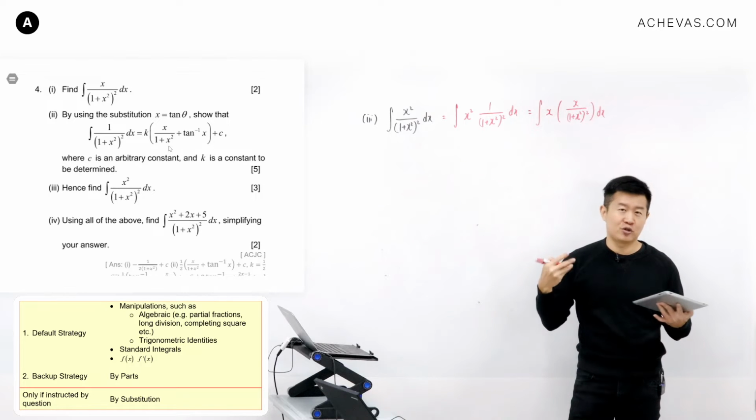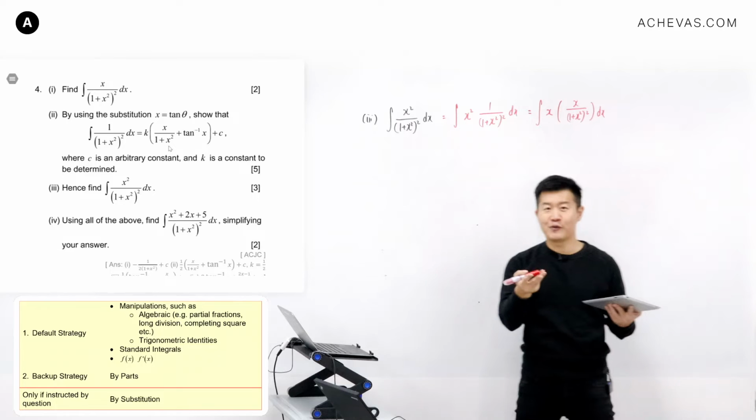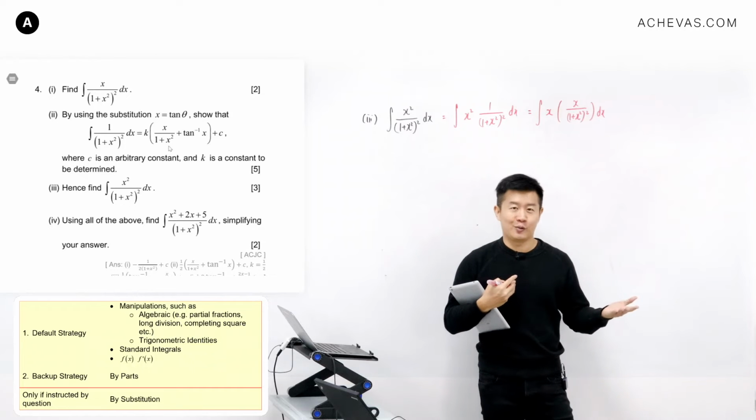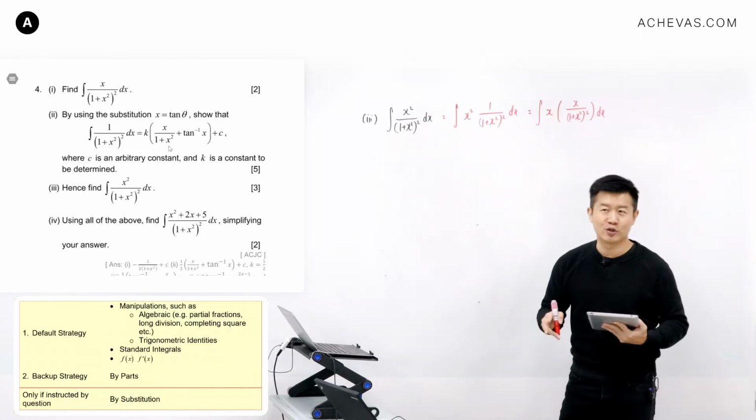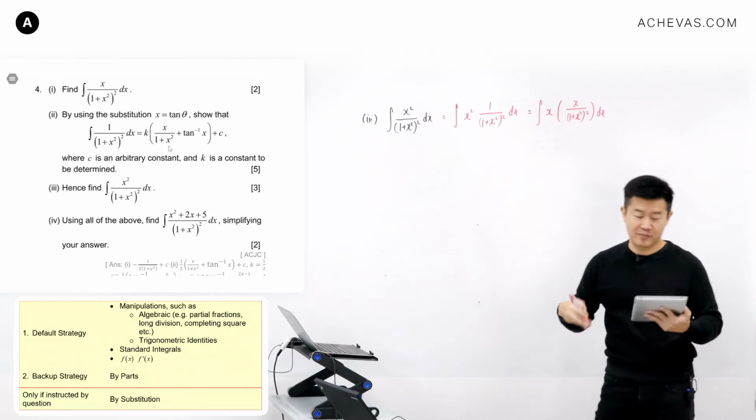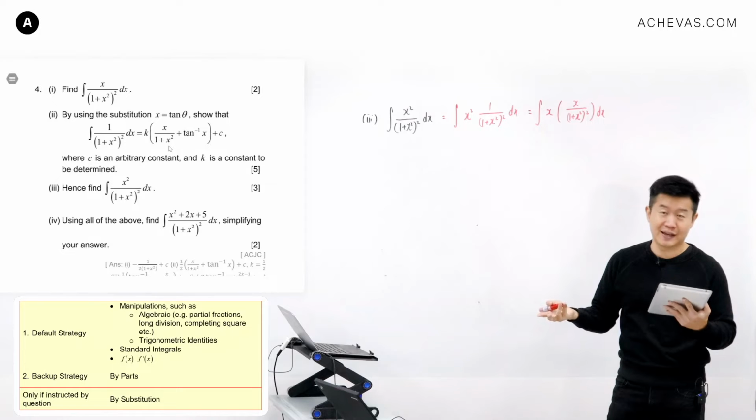And I tried this, submitting to you very honestly, and I know that I was wrong because maybe in the end I may be able to get the answer, but I don't think this is going to be efficient enough for me to handle during an ACJC exam.